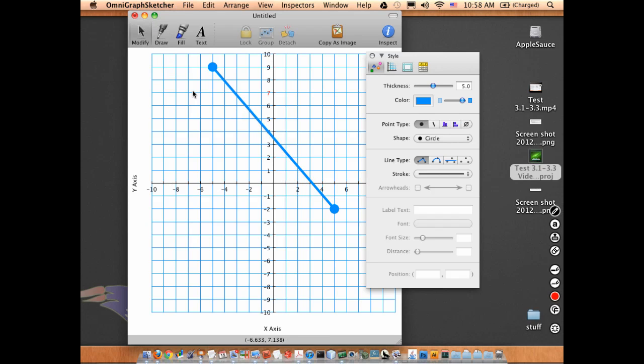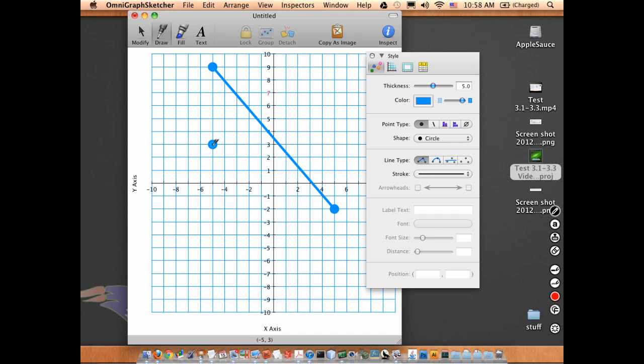Okay? Now, really quick, since you're really good at calculating this in your head, what would be the slope of this line right here? 11 over 10. So, positive or negative 11 over 10? Negative. So, a negative 11 tenths. So, that means that if I put another point here, if I want to create a line that's parallel to that, I have to have a slope of negative 11 tenths.